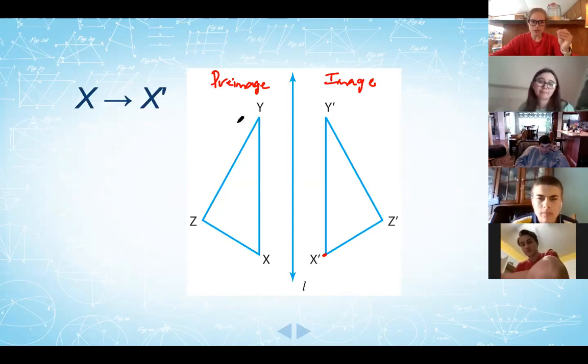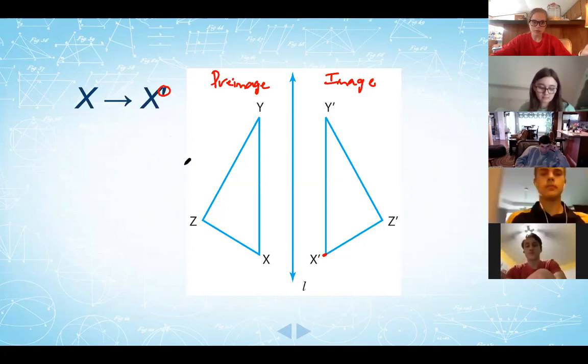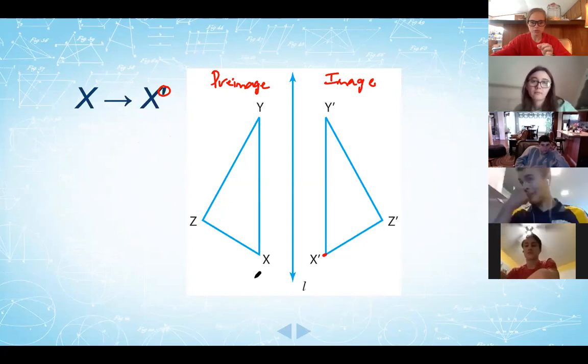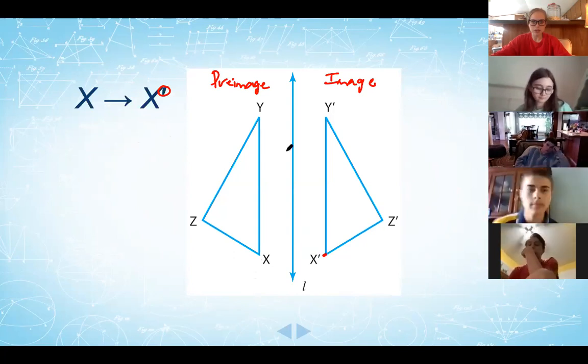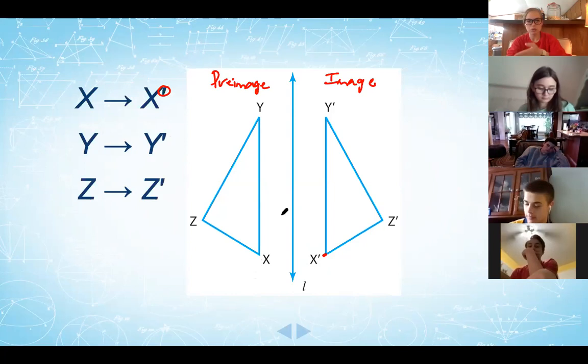How do we notate the image? We use this little mark up here. We say that's X prime. My original pre-image of X, this is a 1-to-1 function, so X would be reflected on the opposite side. We'll talk about this middle line in just a minute. Y would be reflected as Y prime, and Z would be reflected as Z prime.